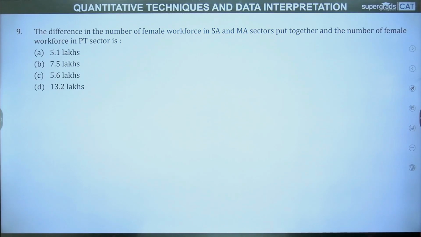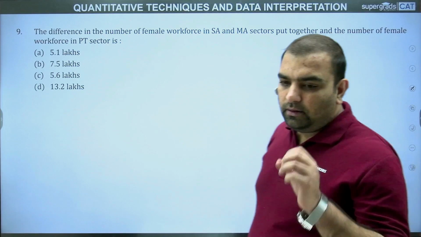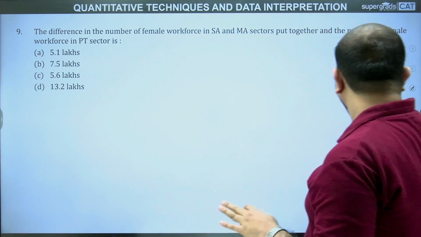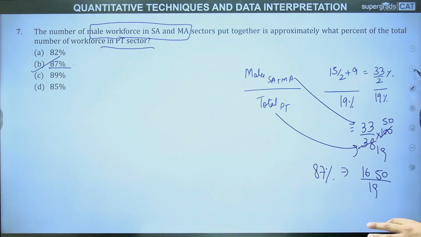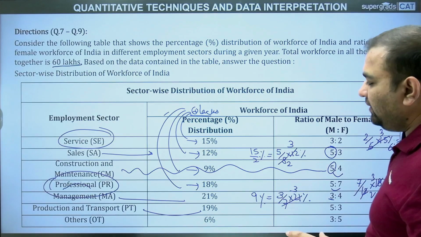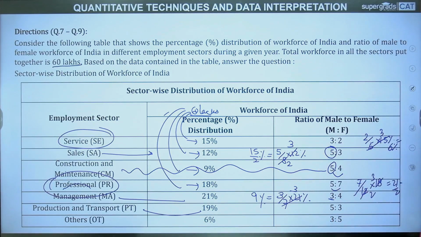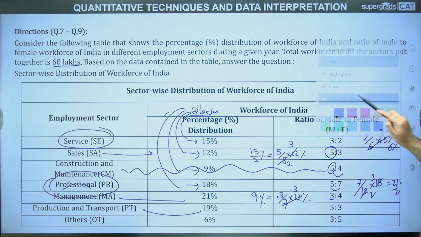Female in SA and MA, female in PT. Difference between them. SA, MA and PT data we have used in the first problem.